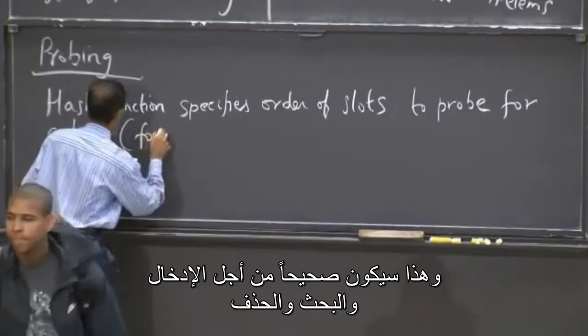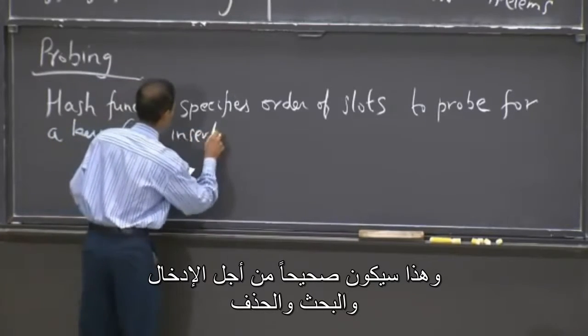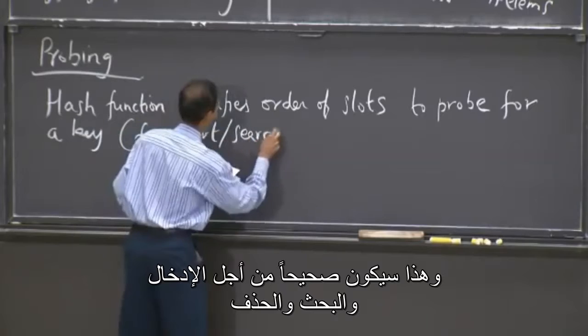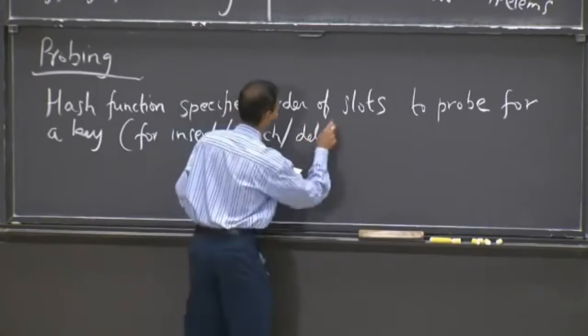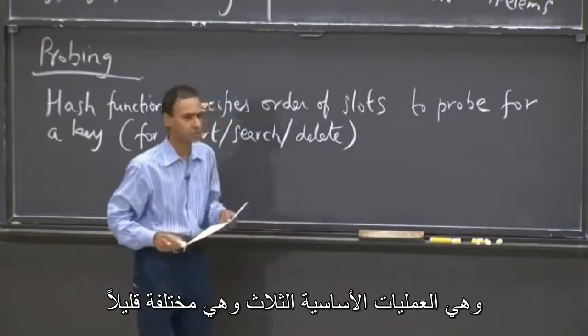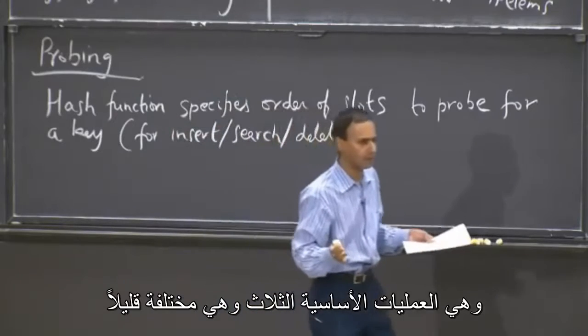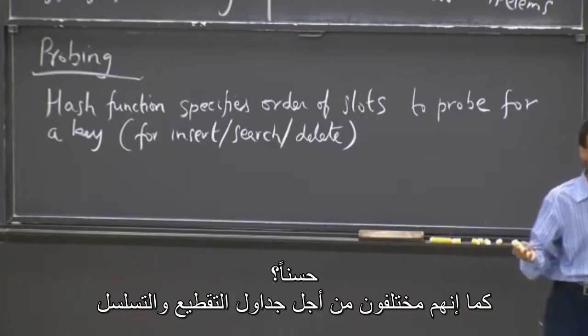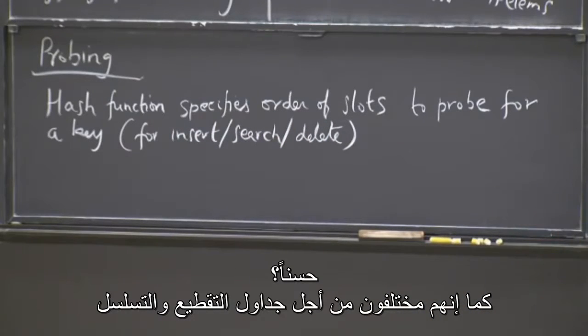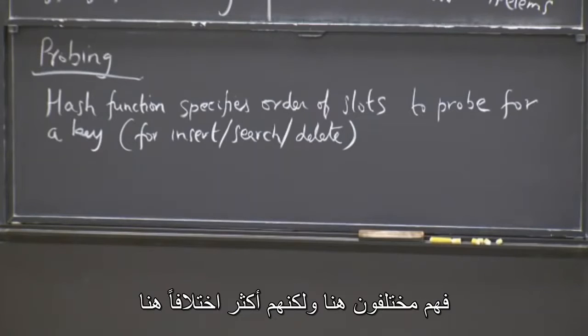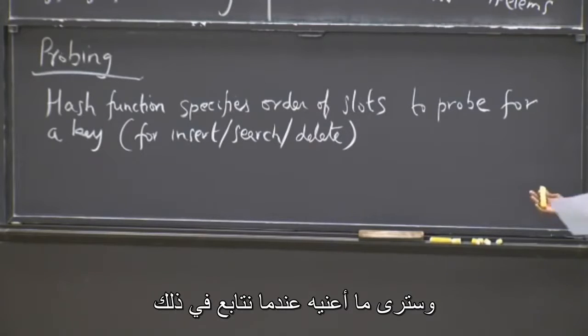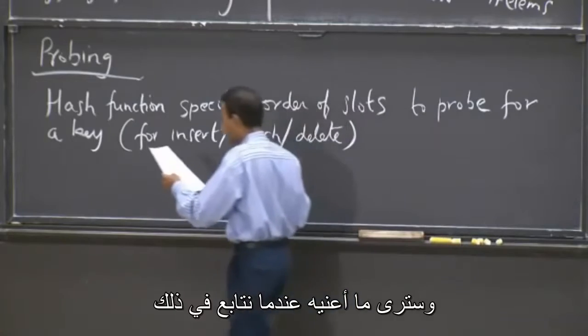And this is going to be true for insert, search, and delete, which are three basic operations, and they're all a little bit different. All right? Just like they were different for the chaining hash table, they're different here, but they're kind of more different here. And you'll see what I mean when we go through this.